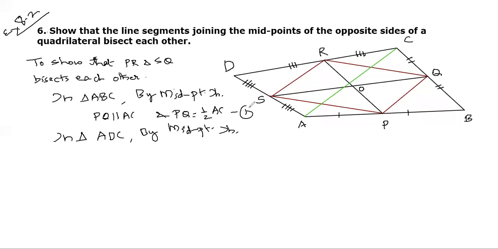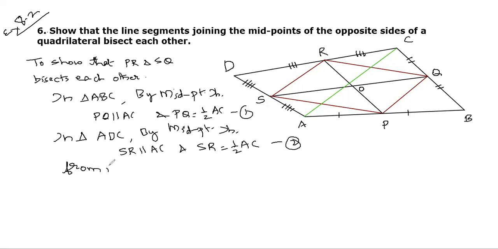This is the triangle we considered. So therefore SR will be parallel to AC, and SR is equal to half of AC. And from first and second, PQ is parallel to SR and PQ is equal to SR. So therefore PQRS is a parallelogram.